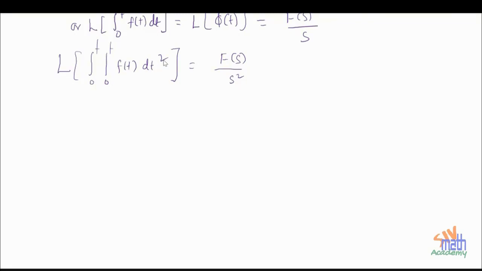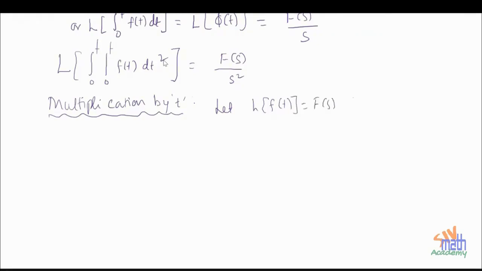Then the next property is multiplication by t. As usual, any property you begin with L of f of t equal to F of s. This is a slogan you have to follow. Then L of t times f of t. I told you when you are multiplying, then you have to differentiate, d by ds of F of s.